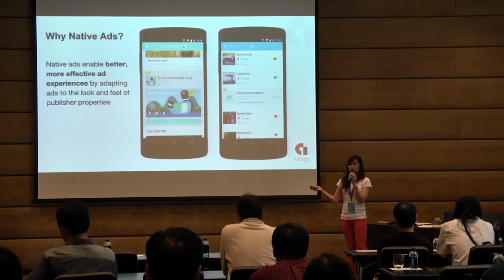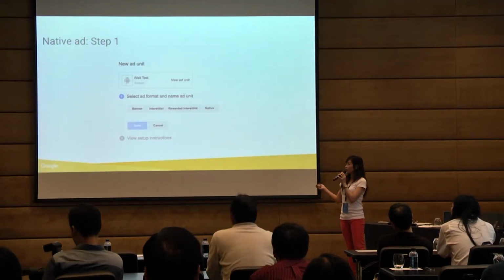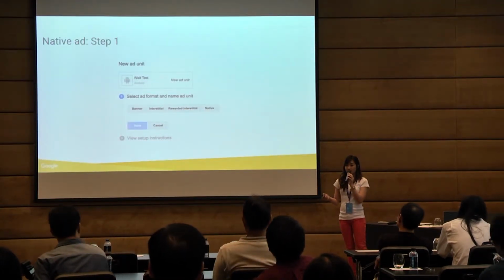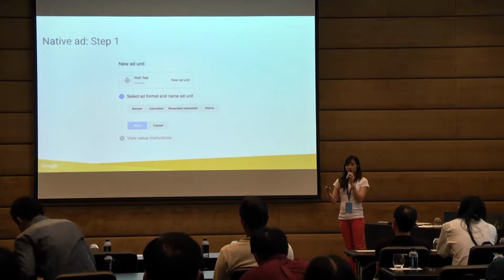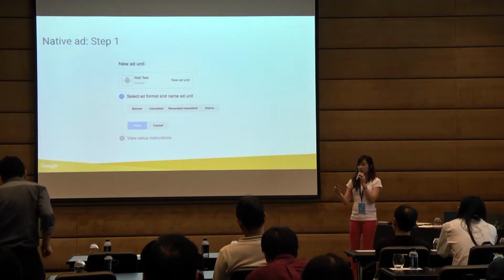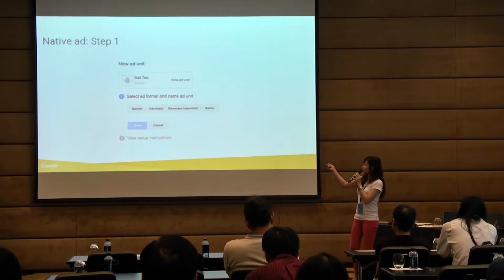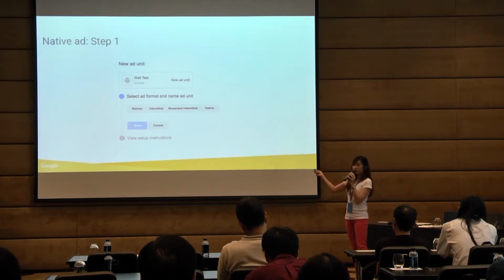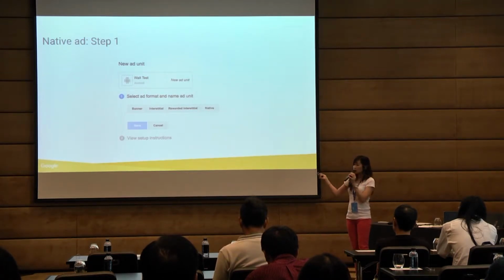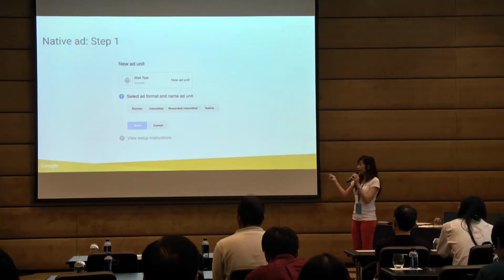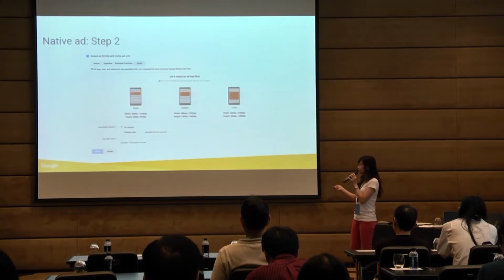I'm going to run through a little bit on how you can create native ads. If you are familiar with the AdMob dashboard, you can create an ad unit here. Then there are several ad formats that you can choose: banner, interstitial, rewarded interstitial, or native. I'm going to talk a little bit about rewarded interstitials later. But here you can choose native for native ads.